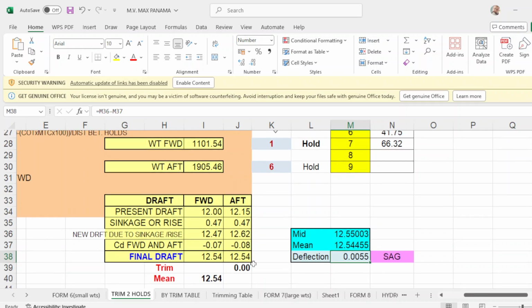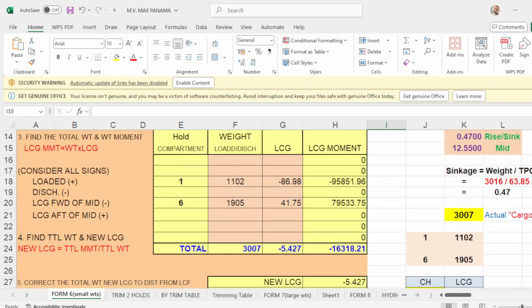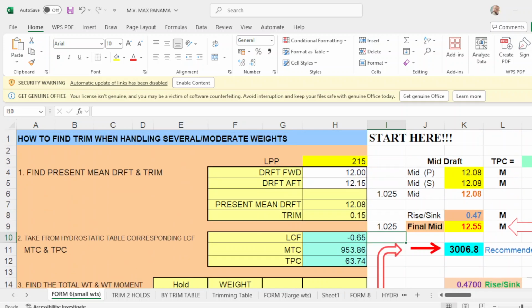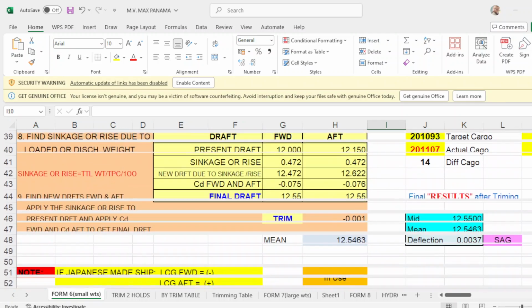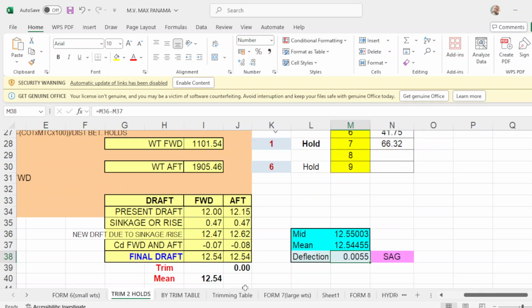Okay, 12.54, 12.54, 0 trim, main is 12.54, and this one is 12.55, so it doesn't matter, it's almost the same. Okay, but here it should be 12.55, but in the trim 2 holes you got 12.54.